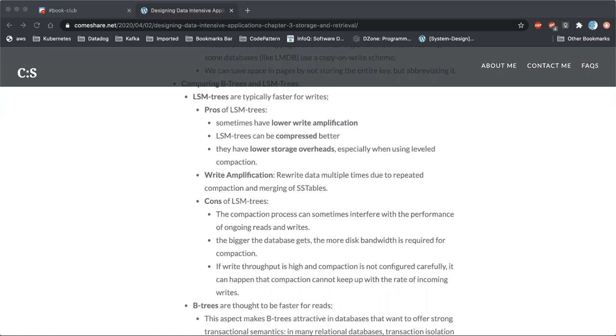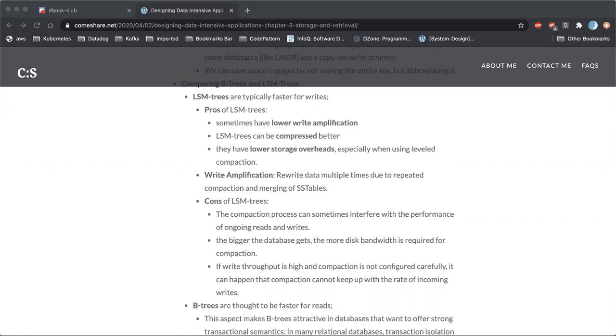Okay, so when he talked about write amplification, what he talks about is that log structured indexes also write multiple times. In the case of LSM trees, multiple writes happen at the same time, right?